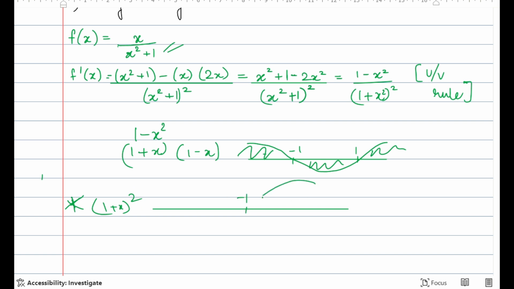Since there is a square, the wave bounces off at this point. That means it's strictly increasing everywhere. It's nowhere down, it's increasing everywhere. That means your entire function is strictly increasing. There is no part where it decreases.